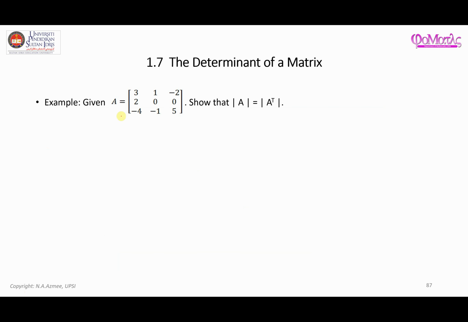So, for example, here is our matrix A. Show that the determinant of A is equal to the determinant of A transpose.